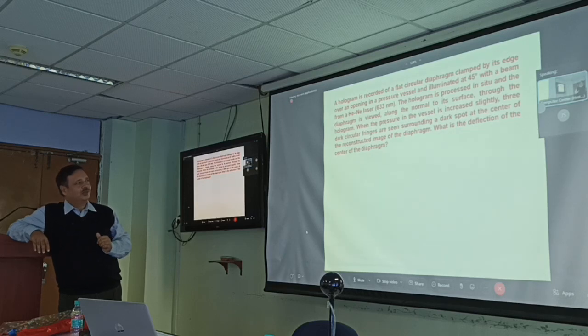The hologram is processed in situ and the diaphragm is viewed along the normal to its surface through the hologram. When the pressure in the vessel is increased slightly, 3 dark circular fringes are seen surrounding a dark spot at the center of the reconstructed image of the diaphragm. What is the deflection of the center of the diaphragm?